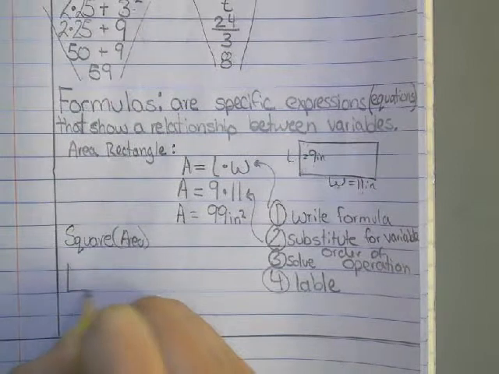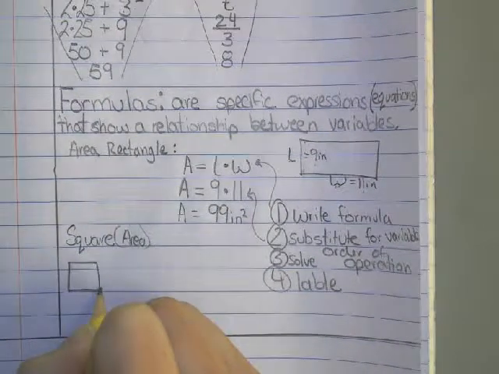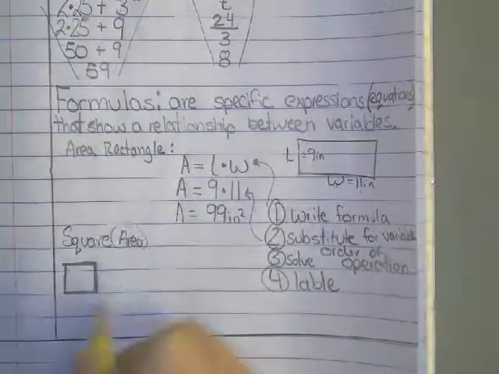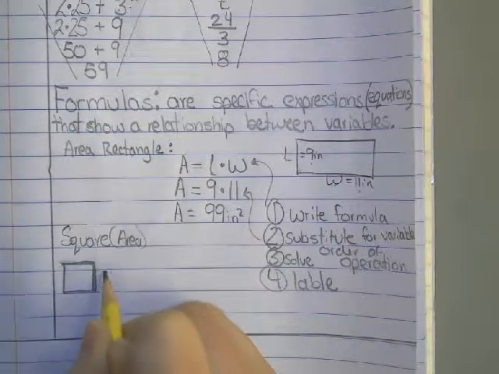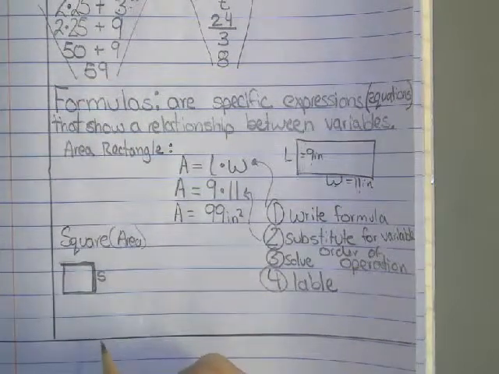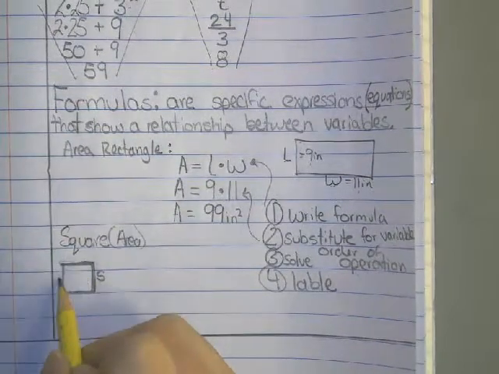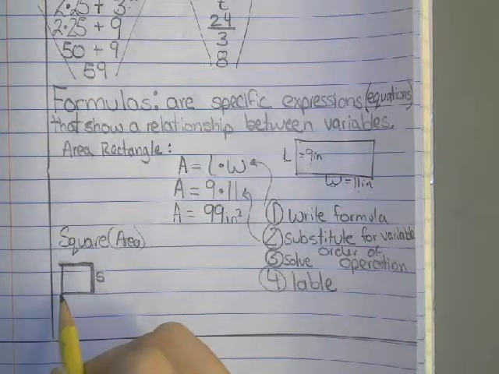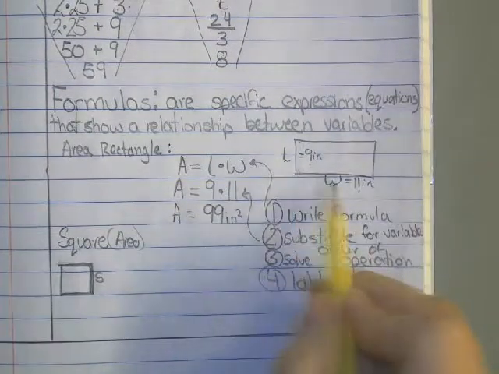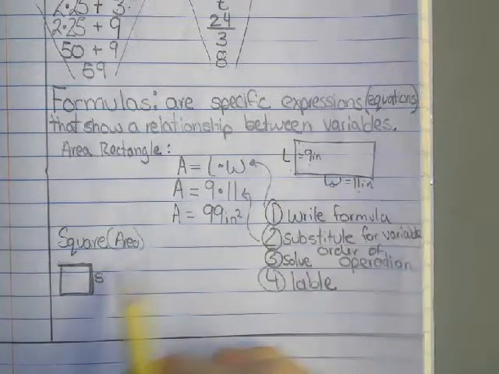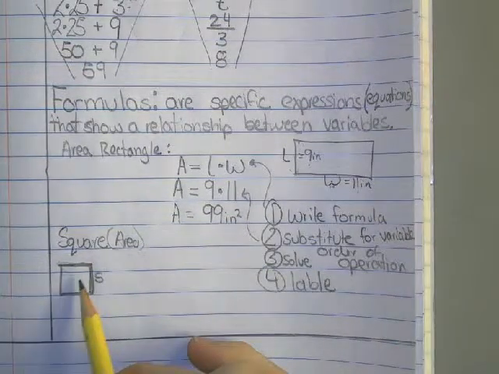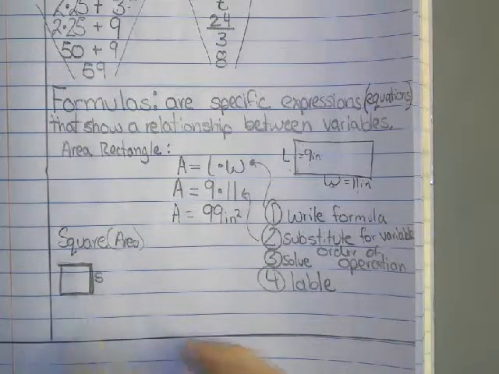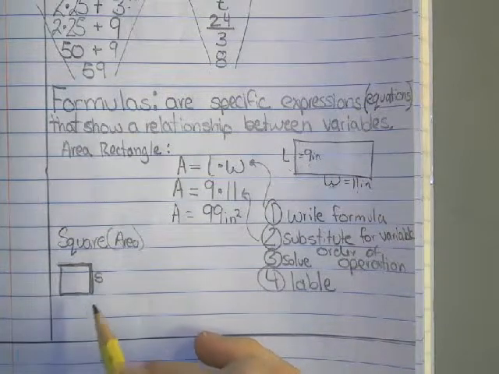Also, there is a square. So if you have a square here, we say the side of a square is just S for side, because all of the sides of the square are the same, right? Like we used L and W because they're different sizes, but we know on a square they're all the same, so we just say side, because no matter what side you're talking about, it's the same size.